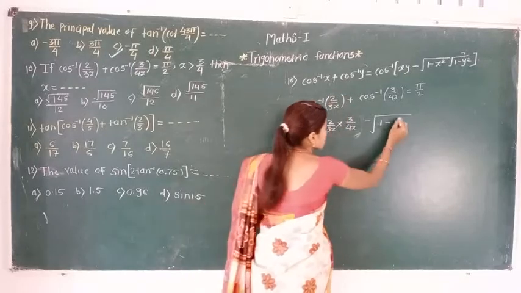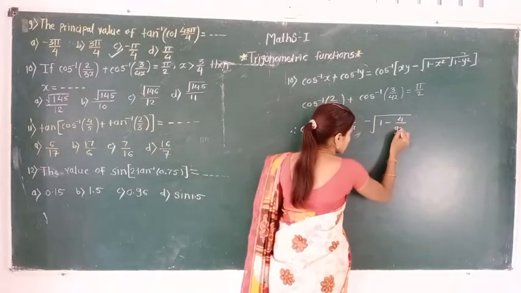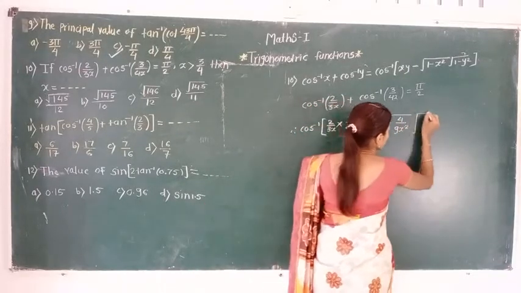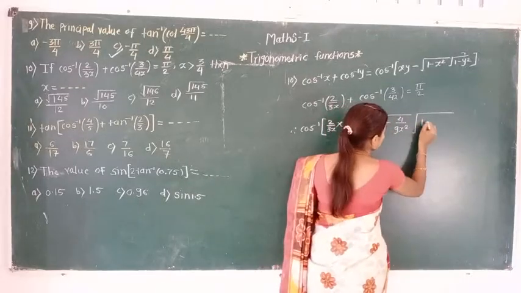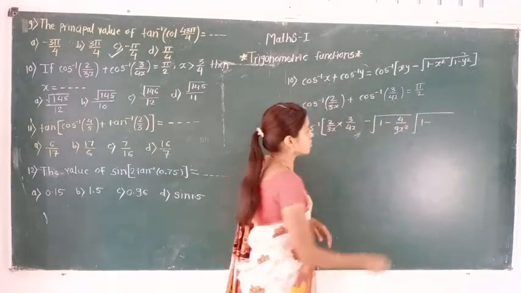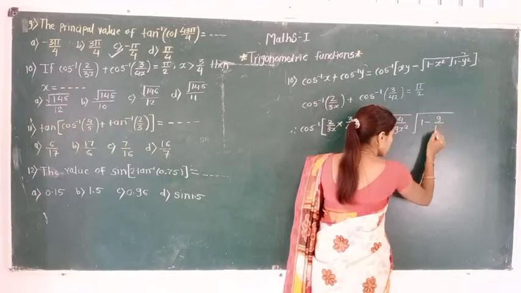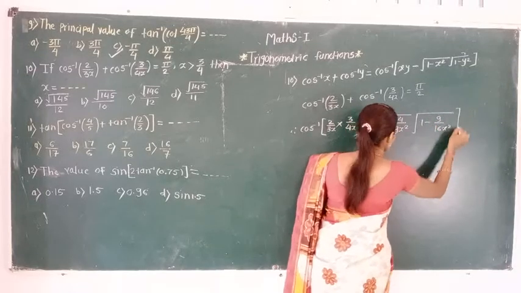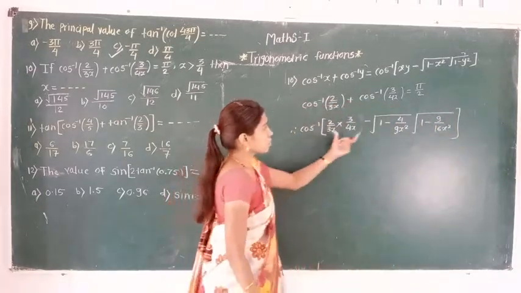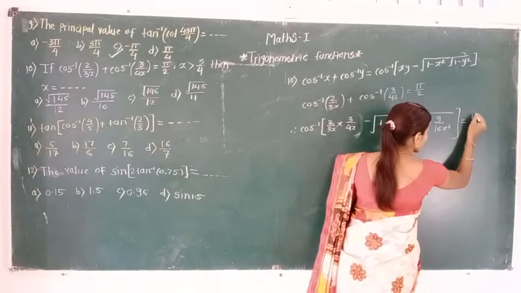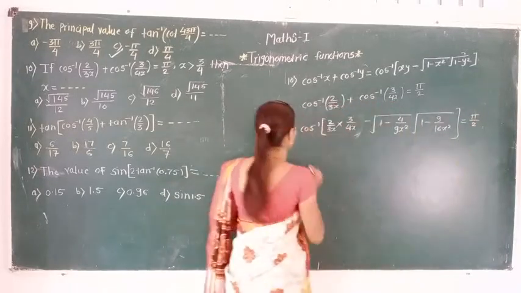The square of this term is 4 by 9x square, into the root of 1 minus the square of y, which is 9 by 16x square. Okay. Now for simplifying, this bracket is equal to pi by 2.